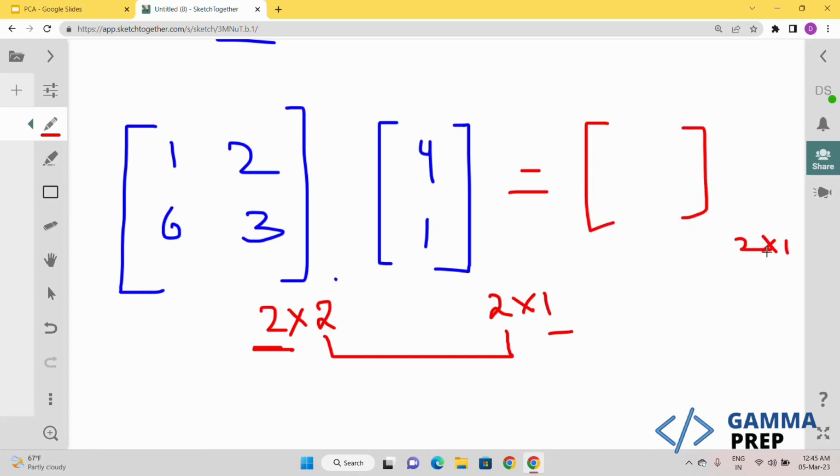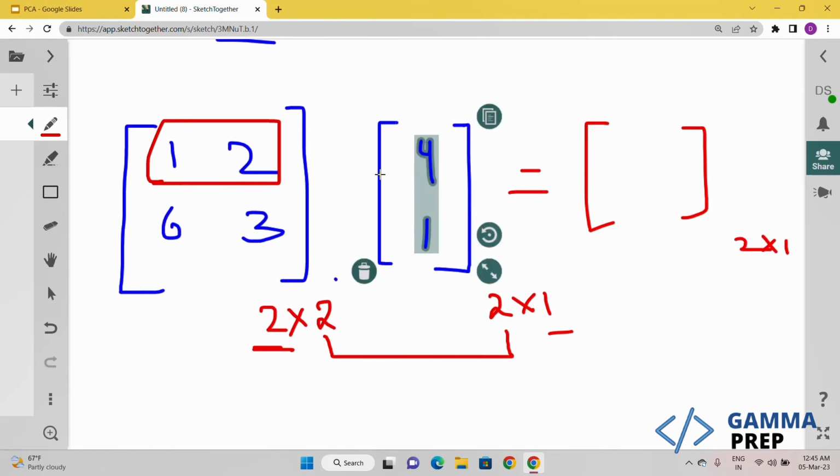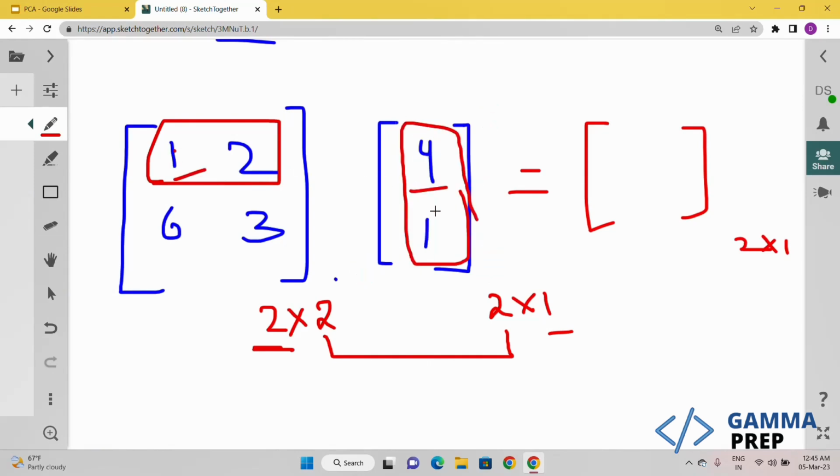Then how do we do the multiplication? For the first element, take the first row and the first column: 1 into 4, which is 4, and 2 into 1, which is 2. So the first element becomes 6.